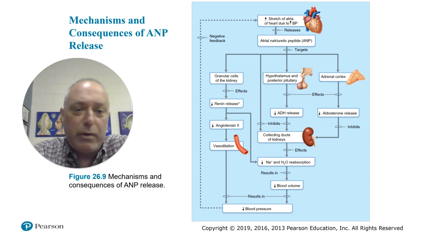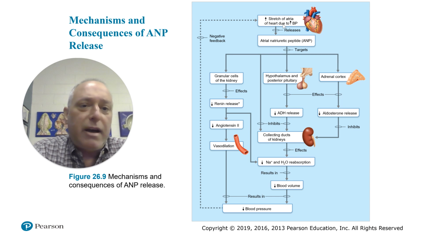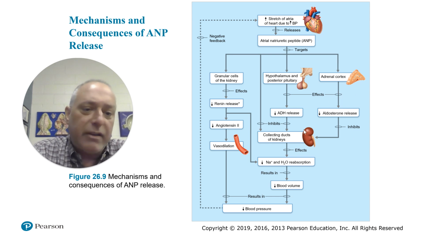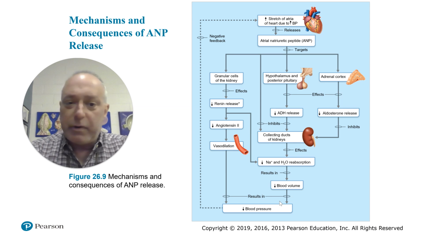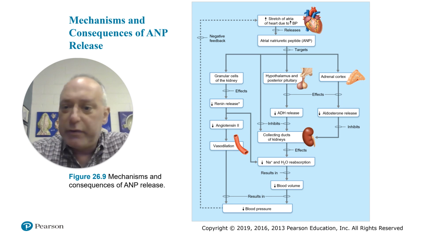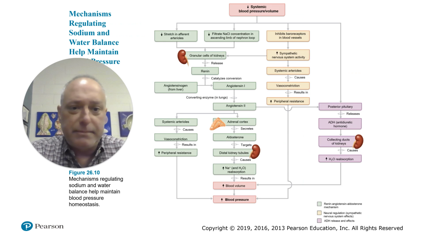That's going to bring down blood pressure. And then ANP also will inhibit the aldosterone system. So if you inhibit aldosterone, it is going to decrease sodium reabsorption and therefore decrease blood volume. Now remember that sodium concentration in the extracellular compartment is the greatest determinant of blood volume.